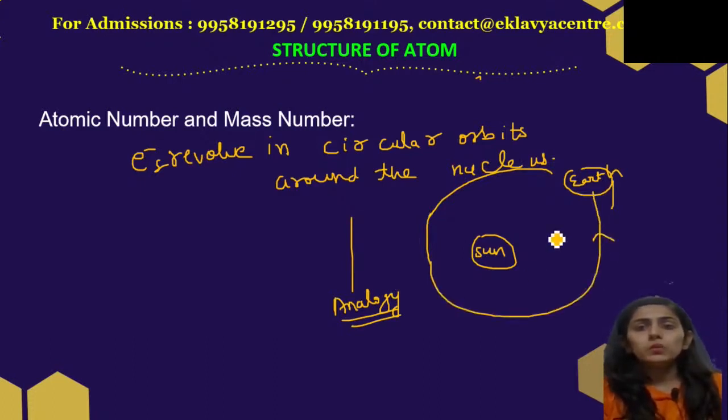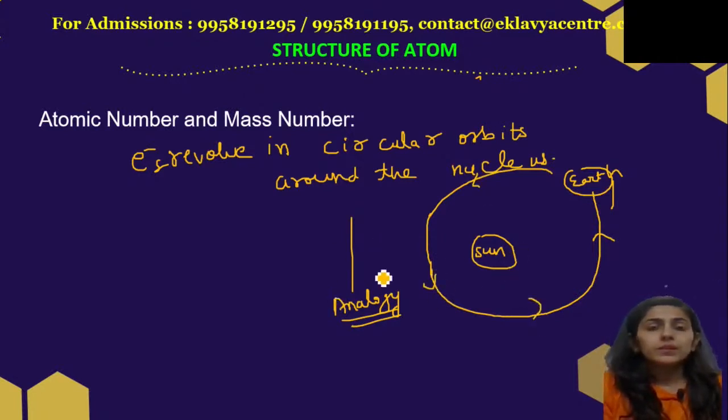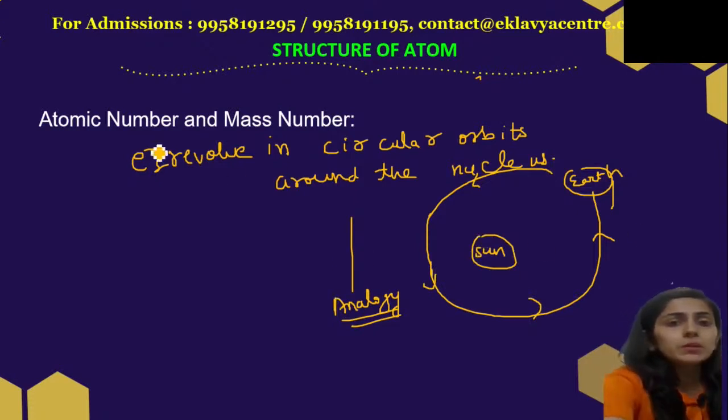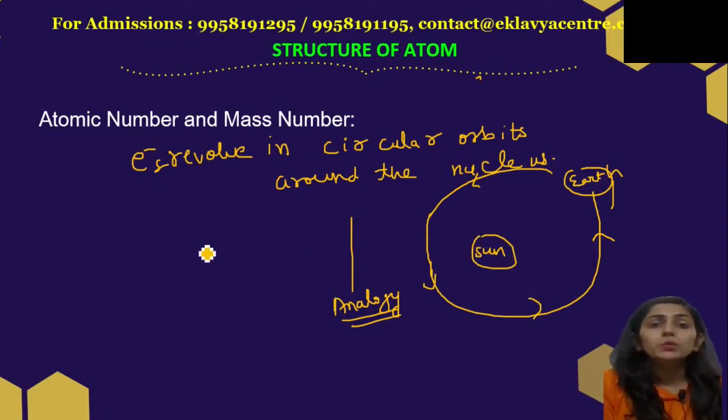So he said that in an atom, because we know that the atom is electrically neutral, and remember children, when Rutherford proposed his model, the neutron had not yet been discovered.